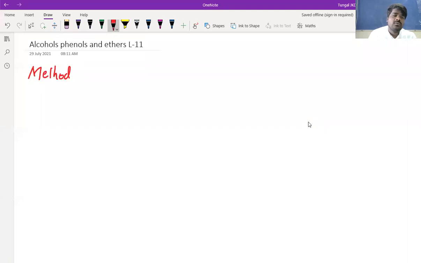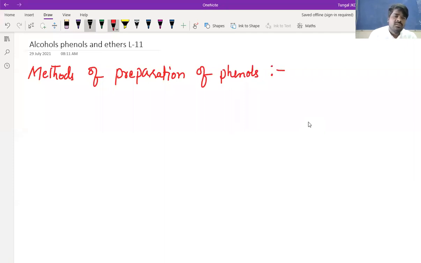Methods of preparation of phenols. There are several methods. We will see one by one.